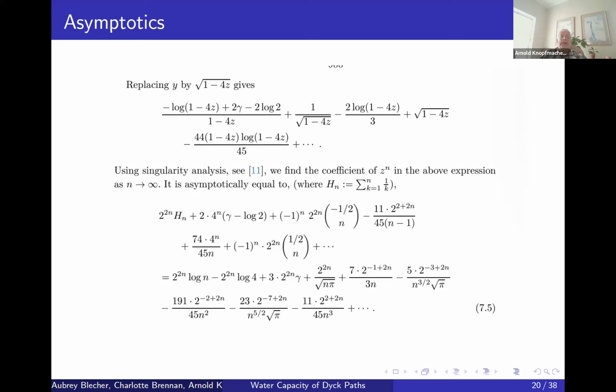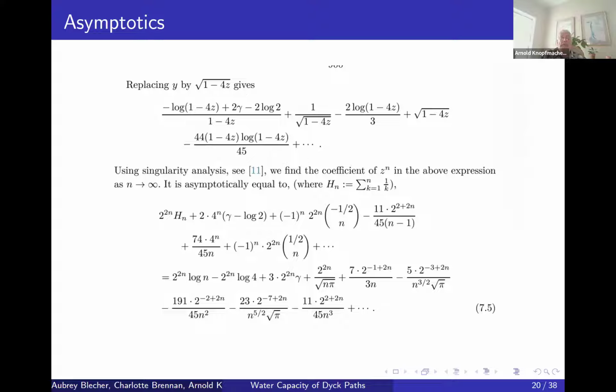Stirling's formula can replace each of the factorials in the binomial coefficients. And even better is that computer algebra can handle this kind of calculation, thank goodness. So with the help of the computer to do the work, we end up getting an expansion where the largest term is of the form 2 to the 2n times log n and gradually goes down.